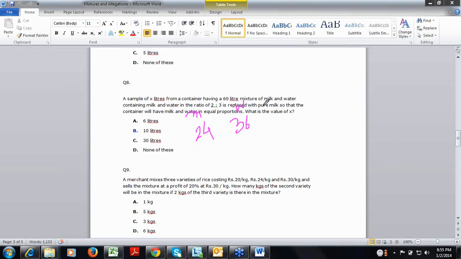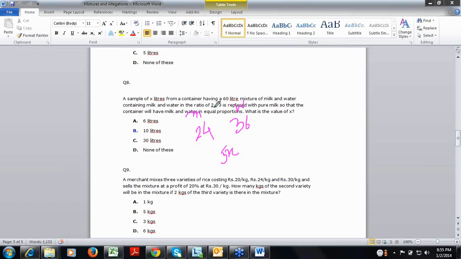Now it is saying that it's replaced with pure milk. Suppose X. Now let's say it's not X, it's 5X. For ease of calculation I have taken 5X.